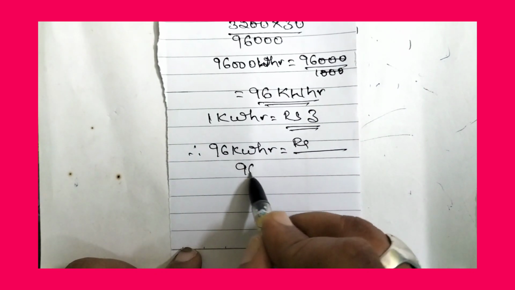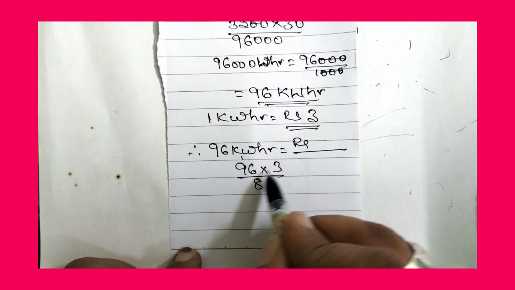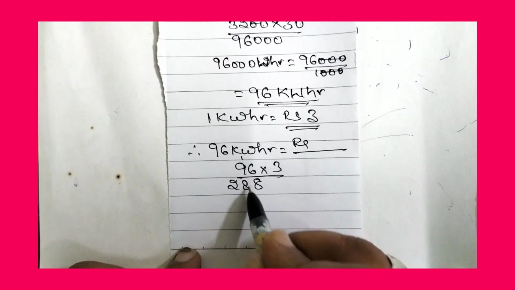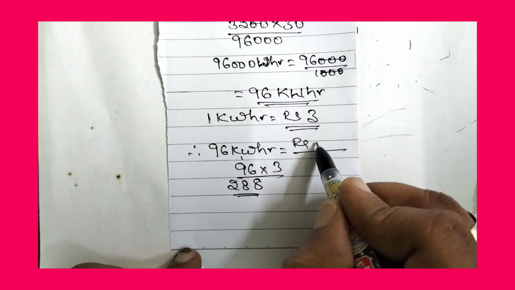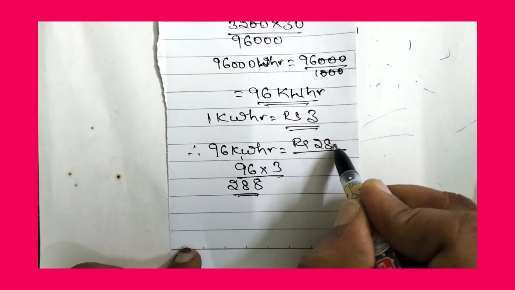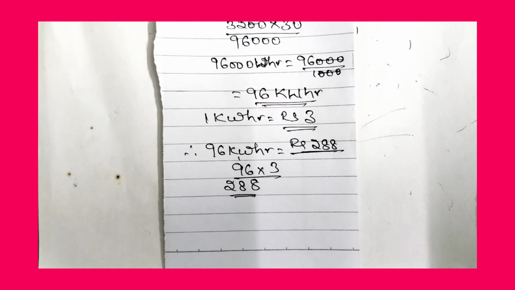So 96 should be multiplied by 3. 3 6s are 18, 3 9s are 27, plus 1 is 28. Therefore for 96 kilowatt hour we have to pay 288 rupees. This is the electric bill we have to pay if a refrigerator of power 400 watt is operated for 8 hours per day. We have to pay 288 rupees.